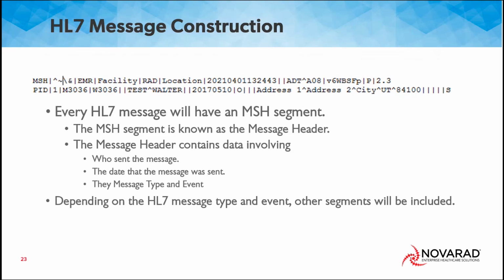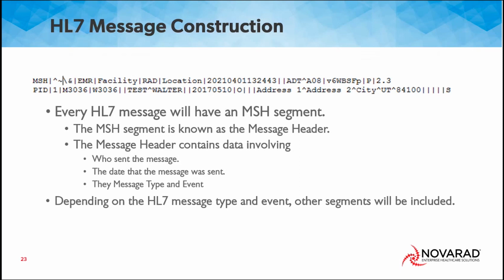It tells another vendor what version of HL7 is being used, and if the message is a test message or if it's a production message. So you see all that information in the MSH segment, and that's kind of great because there's no guesswork involved when I receive an HL7 message in Novarad software. I can look at this MSH segment and tell exactly what needs to happen.